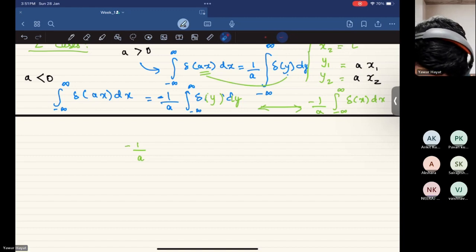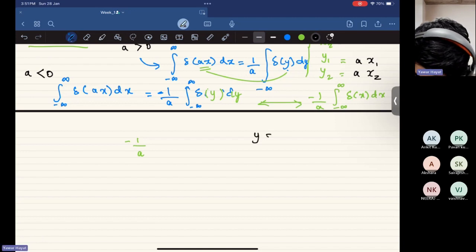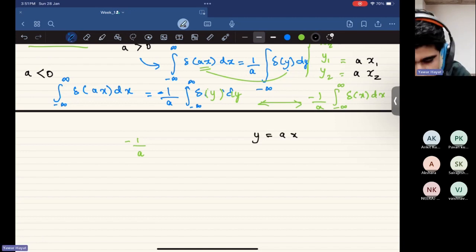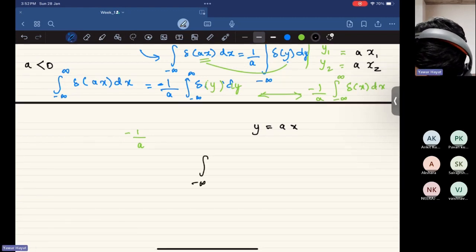Okay, I got what you are thinking. You said we use this y is equal to ax, so why not use that substitution, right? The thing is minus infinity.